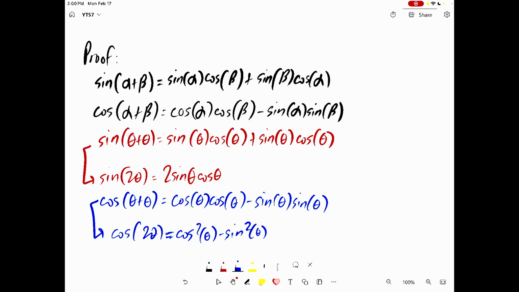Now, there's also another way to represent cosine 2 theta, which is 1 minus 2 sine squared theta, and that's also very easy to prove from this. All you have to do for that one is turn cosine squared theta into 1 minus sine squared theta, minus sine squared theta, because that's the whole expression.